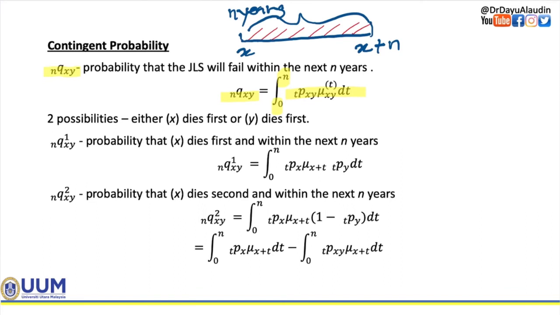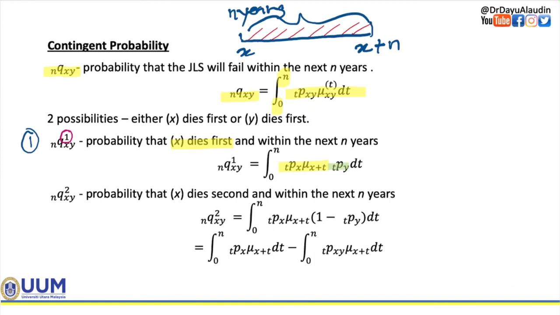There are two possibilities, either X dies first or Y dies first. Look at the first possibility. If X dies first and within the next n years, we put 1 on the X. We integrate TPX mu X plus T times TPY.